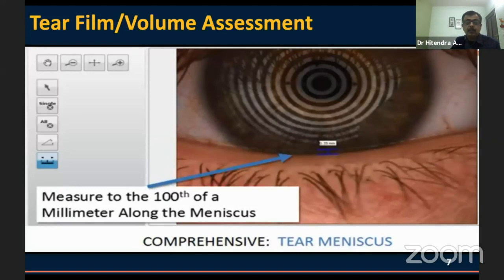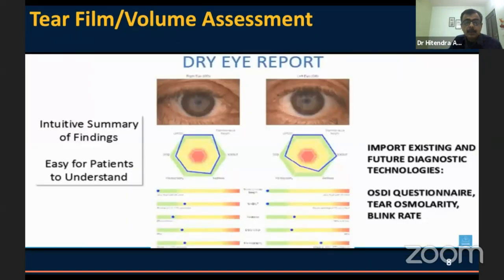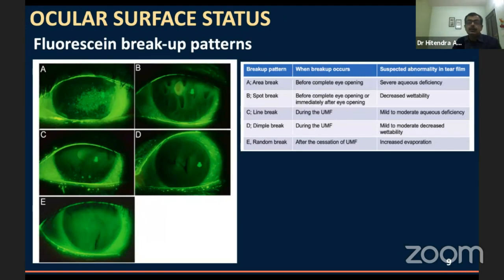It can measure up to a hundredth of a millimeter along the meniscus for the tear film volume, and it also has a program into which the OSDI questionnaire, tear osmolarity, blink rate, and all these things can be incorporated into a customized report about the dry eye, which can be discussed with the patient. On follow-up, how the treatment has helped him can also be discussed with the patient.